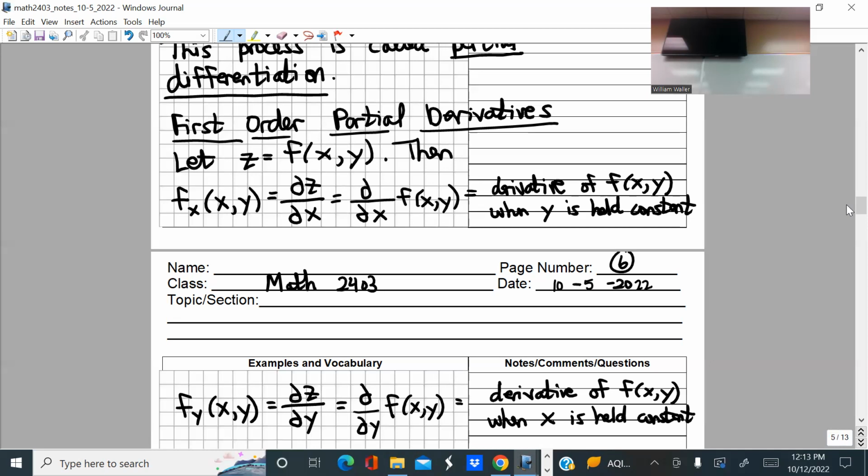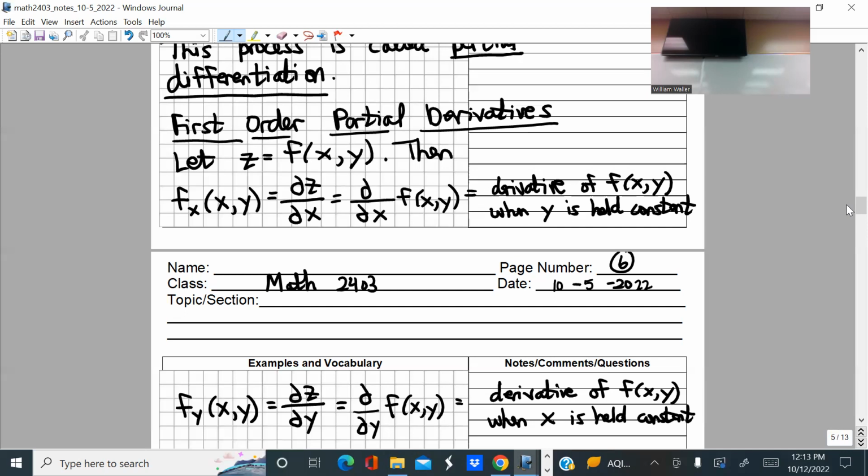Or if you don't want to put z, since z is the same as f of x, you can put f of x here in place of z. But all those things mean the same thing. And this is the derivative of this function f when y is held constant and we differentiate with respect to the one variable x.